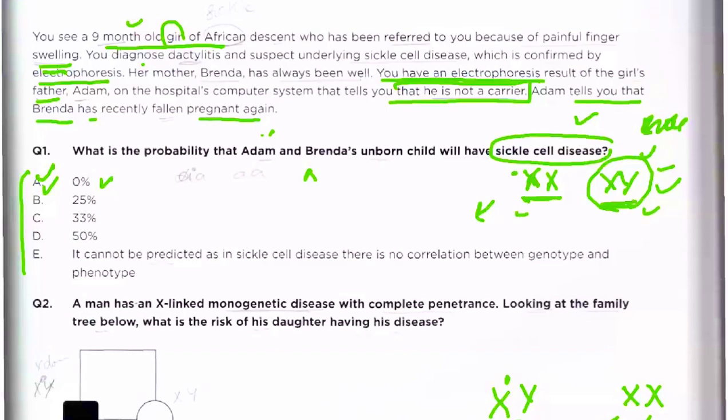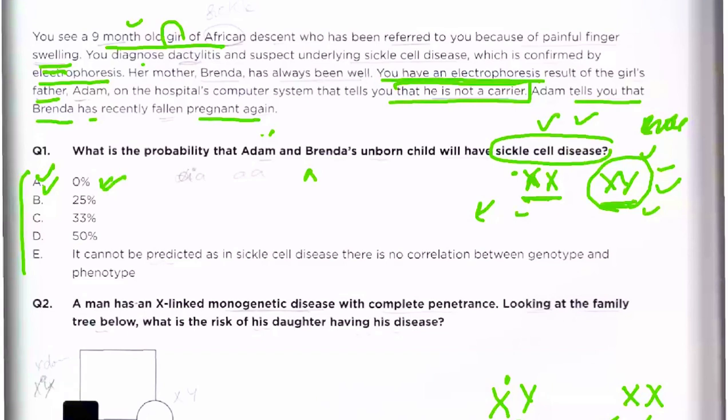If only one parent is a carrier, then the baby will not have the disease. He may have disease just by chance, that may be sporadic or de novo mutations. They are not talking about the carrier; they want to ask you about the disease. So there is 0% chance of this baby being diseased.